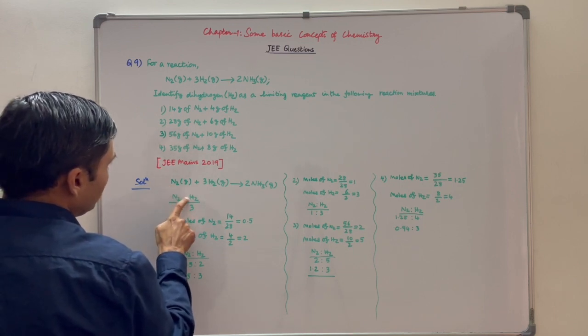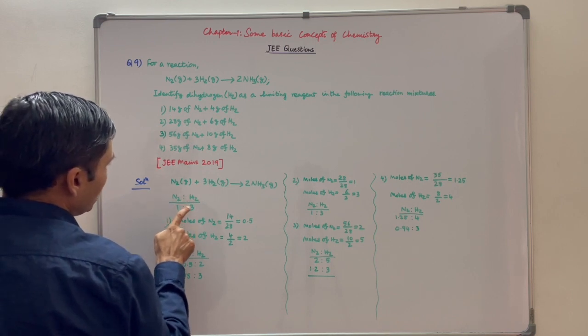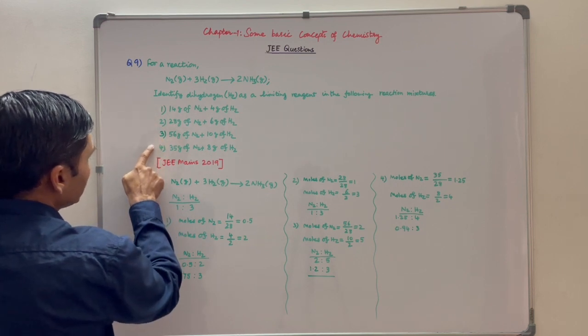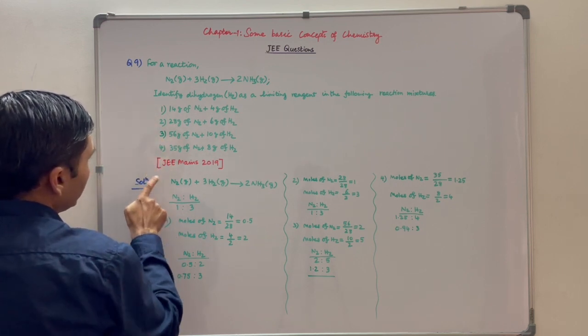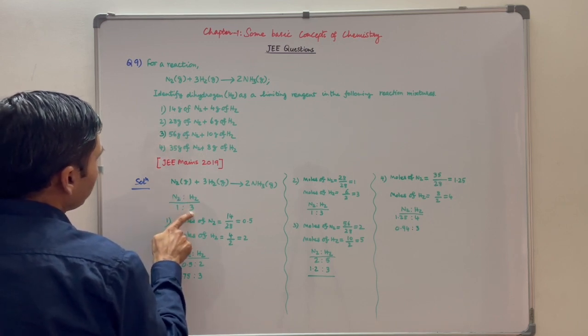For H2 to be limiting reagent, number of moles of N2 should be more than 1 when number of moles of H2 are 3. So let us see out of these options in which option number of moles of N2 is more than 1 when number of moles of H2 is 3.